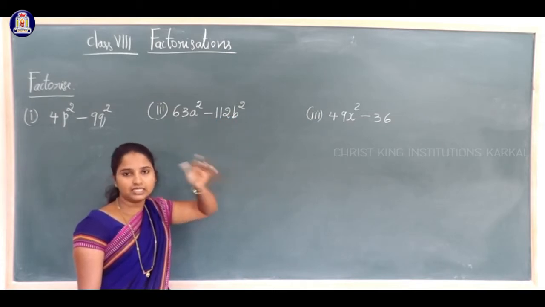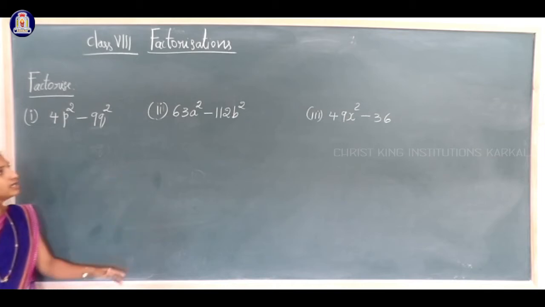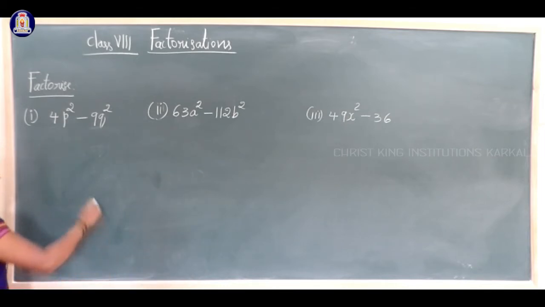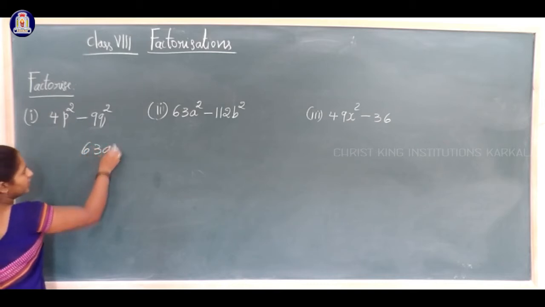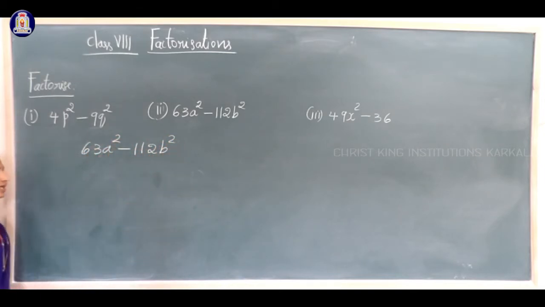In that case, you have to take a common factor outside. So can you take a common factor in these two terms? The given expression is 63a square minus 112b square. You know that 63 is divisible by 7 or by 9, isn't it?